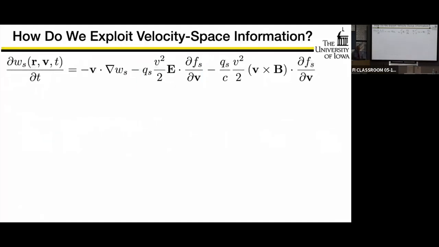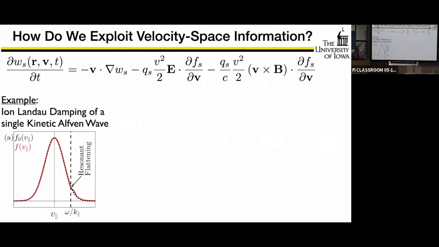Okay, so here's the question. How do we exploit this information to understand what's going on in a system? So I'm going to give you an example of the Landau damping of a single kinetic Alfvén wave.